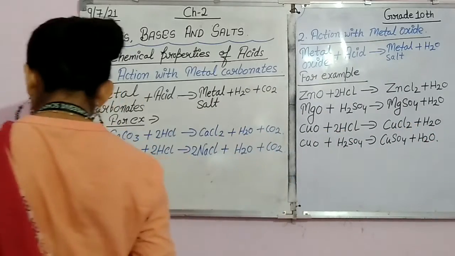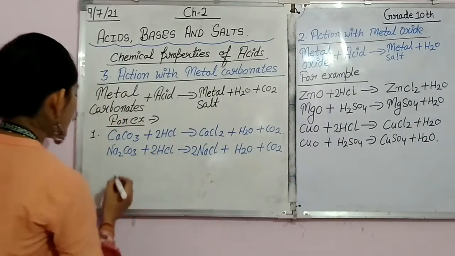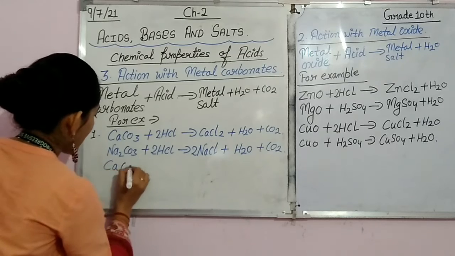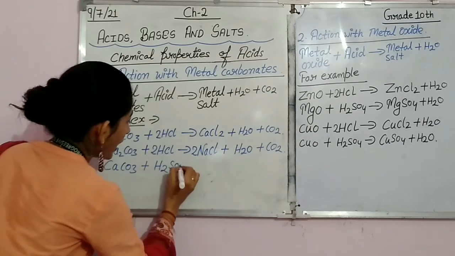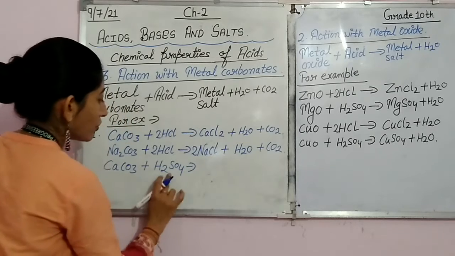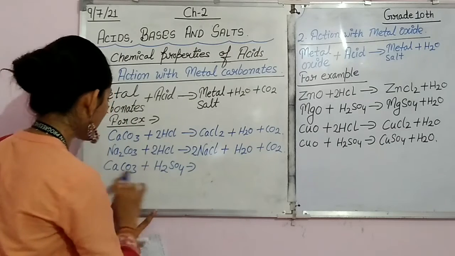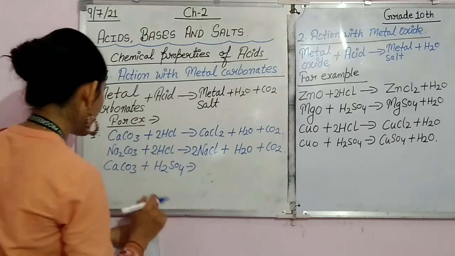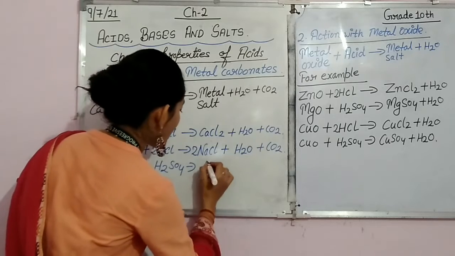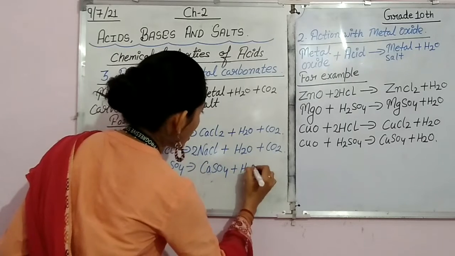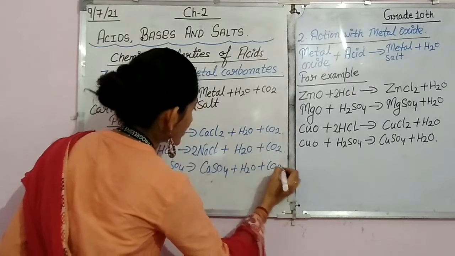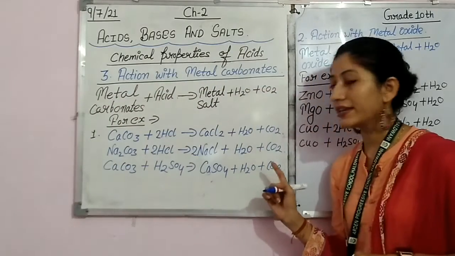Let's see one more example related to this. Suppose we have taken CaCO3 and we are reacting it with sulfuric acid, H2SO4. So what will be the product? What salt will form? CaSO4. The water and carbon dioxide gas will be released.